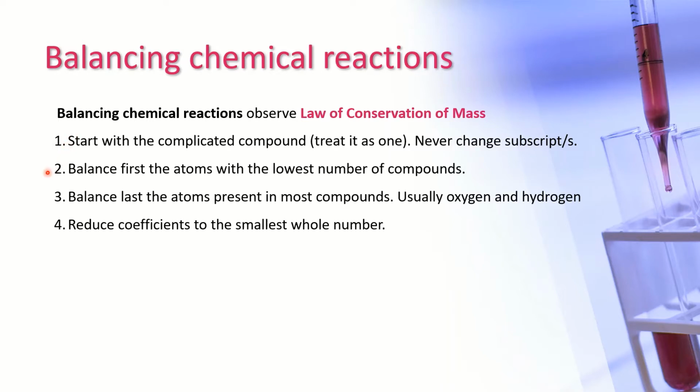Second, balance first the atoms with the lowest number of compounds. Then third, balance last the atoms present in most compounds. It is usually oxygen and hydrogen. And the fourth, reduce coefficients to the lowest whole number.